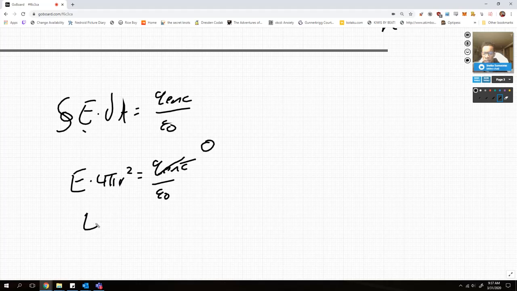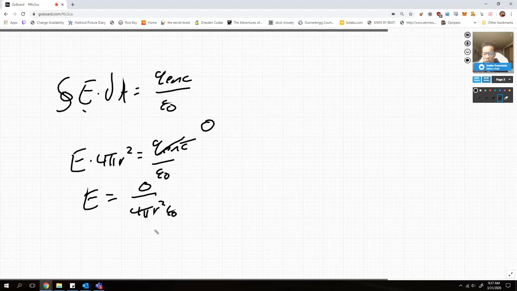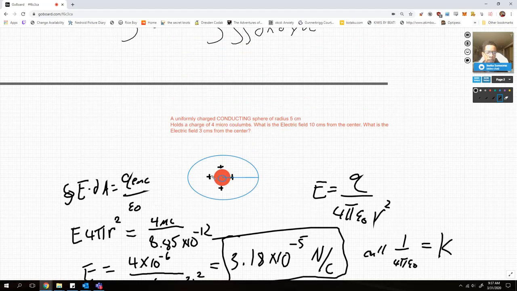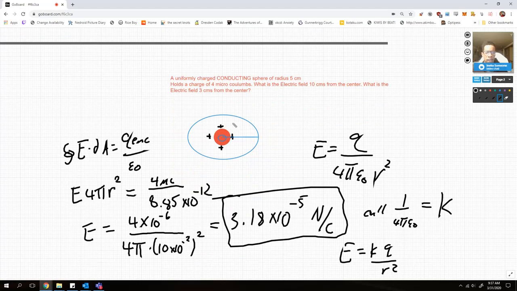And then when I solve for E here, I'm gonna have 0 over 4 pi r squared epsilon naught. And that's just gonna be 0. So my electric field inside, the takeaway here is that the electric field inside a uniformly charged conducting sphere is going to be 0 always.